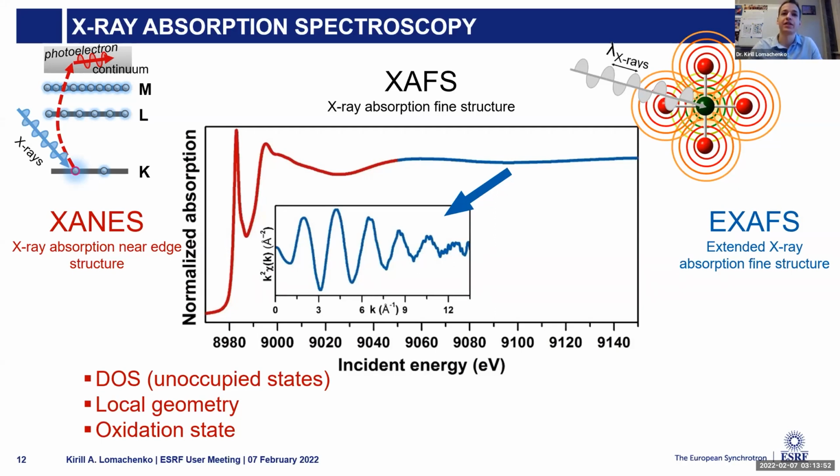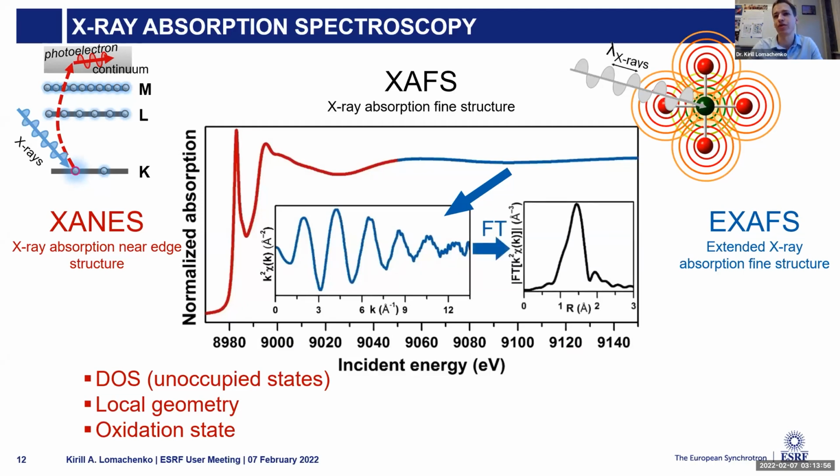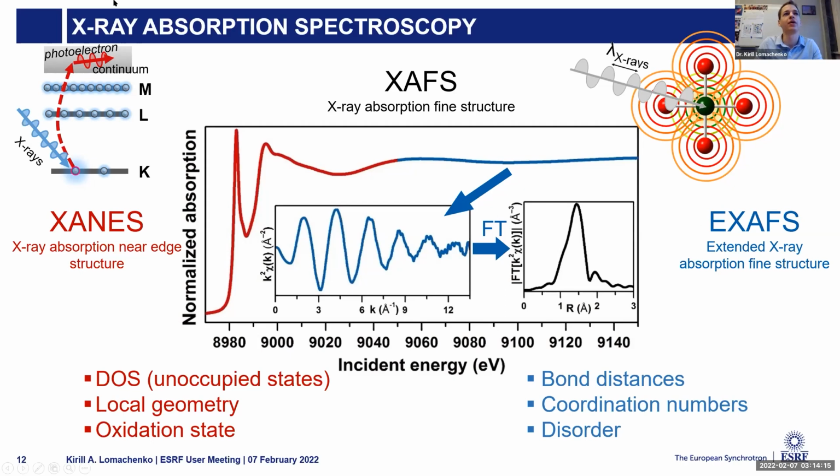And these oscillations, being Fourier transformed, give you something that resembles the radial distribution function. It's not exactly a radial distribution function, but it's something pretty close to it. So it contains information about bond distances, coordination numbers, and also disorder of your material.